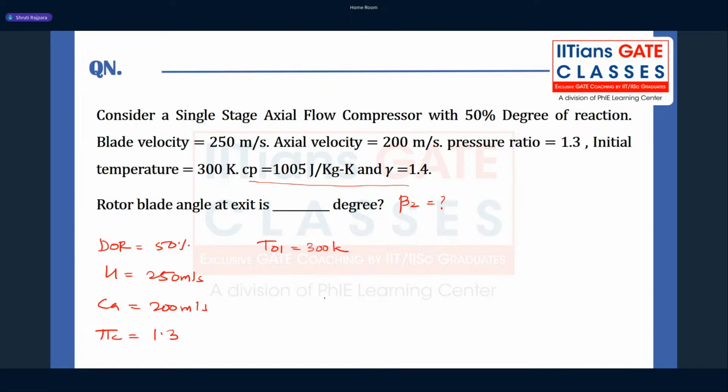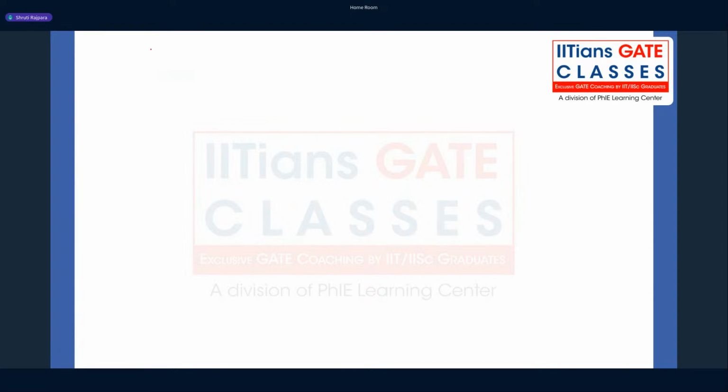So what we'll do is we'll try to write two equations and try to solve them simultaneously. One equation being from the Euler work done equation, which is the same as the enthalpy rise that is occurring in the compressor. The Euler work done equation in terms of blade angles can be written like this, which is equivalent to the enthalpy rise that is occurring across the compressor.